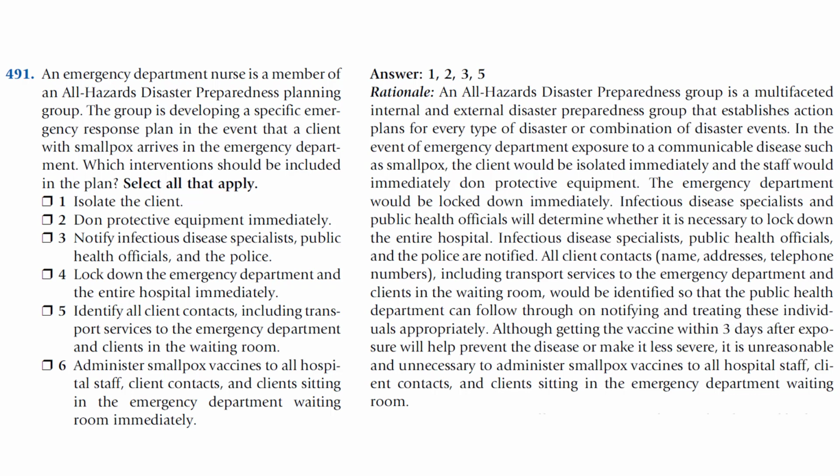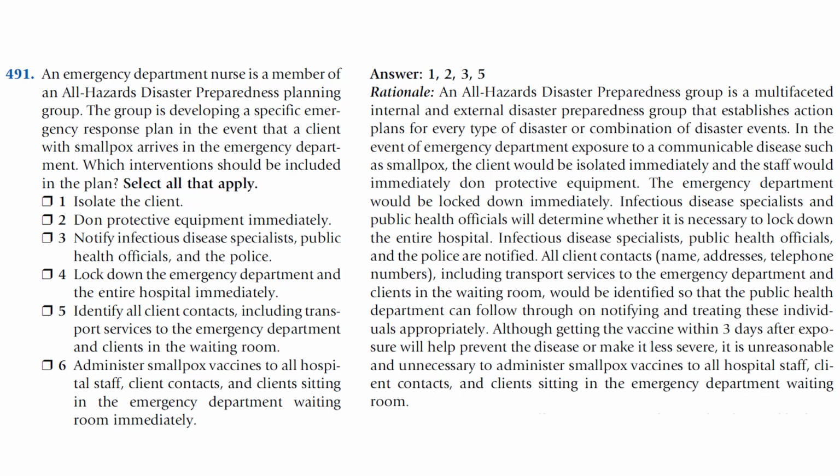Don protective equipment immediately. 3. Notify infectious disease specialists, public health officials, and the police. 4. Lock down the emergency department and the entire hospital immediately. 5. Identify all client contacts, including transport services to the emergency department and clients in the waiting room.